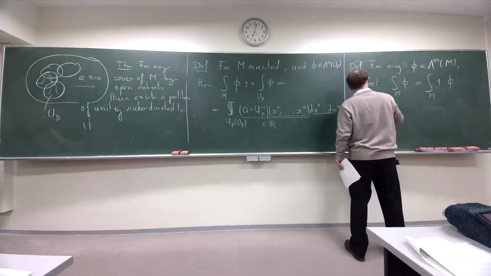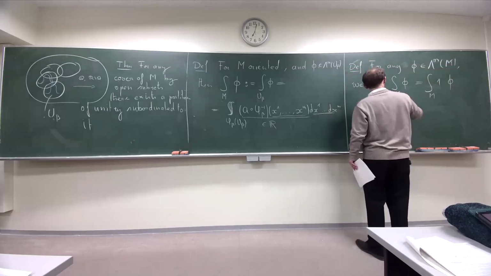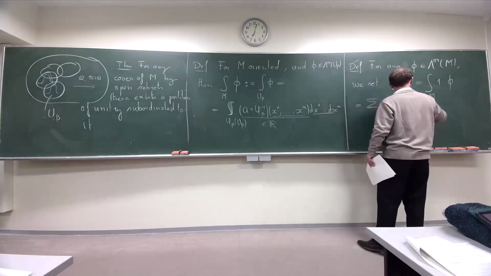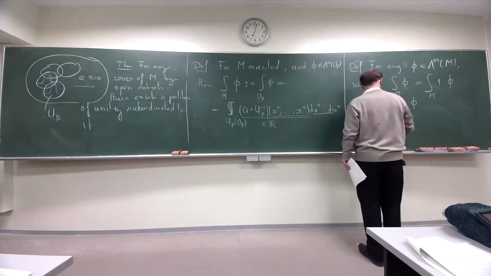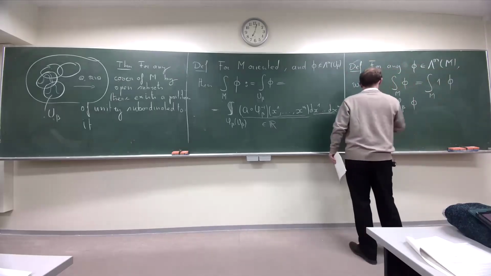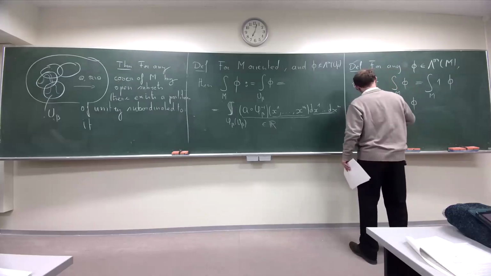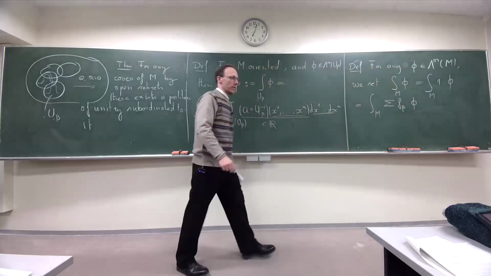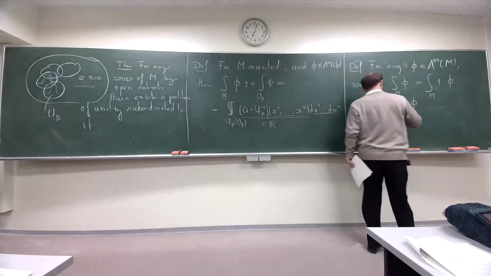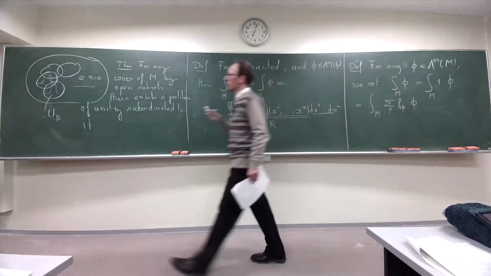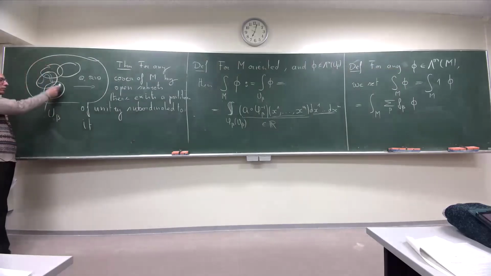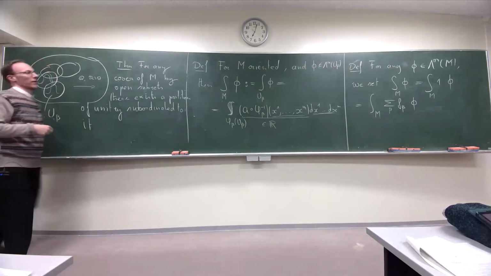It's the same as a sum of f_beta phi, and because it sums up to 1, and now you see why I wanted this to be subordinate, because for each f_beta I have a U_alpha.